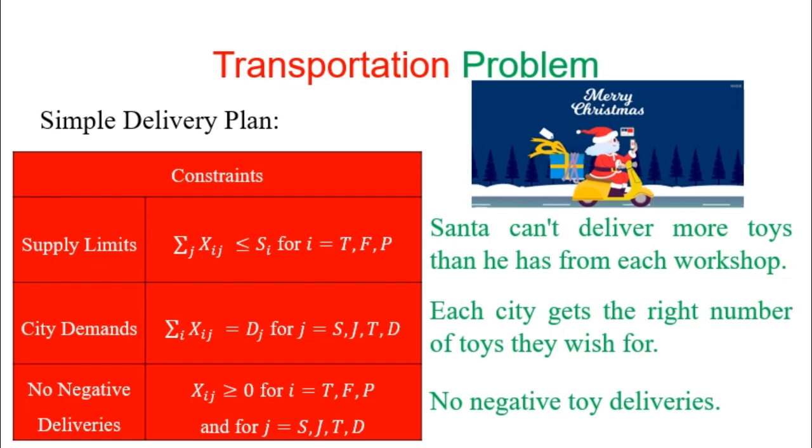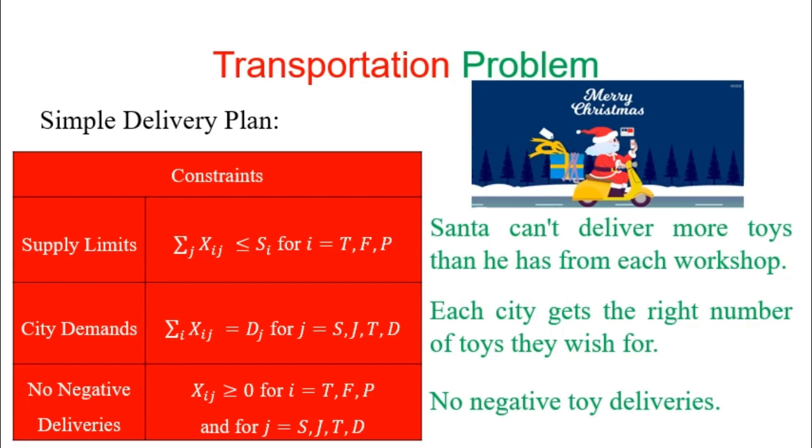Again, I'm repeating. Your supply constraint is the summation of all the quantities of your toys from the ith workshop to the jth destination, and that should be less than or equals to Si. That is the total supply coming out from that particular workshop. So your i will be either the first workshop Toyland, or the second workshop Fun Park, or the third workshop Play Magic.